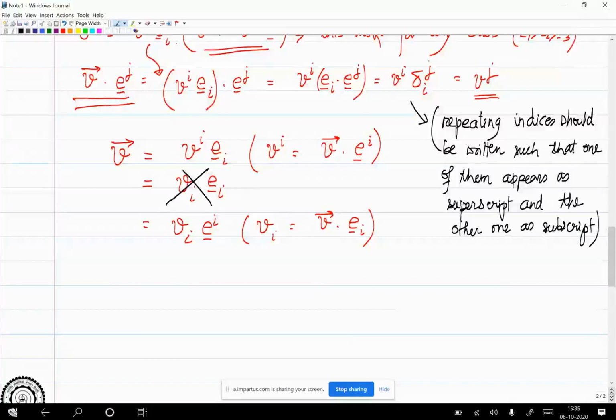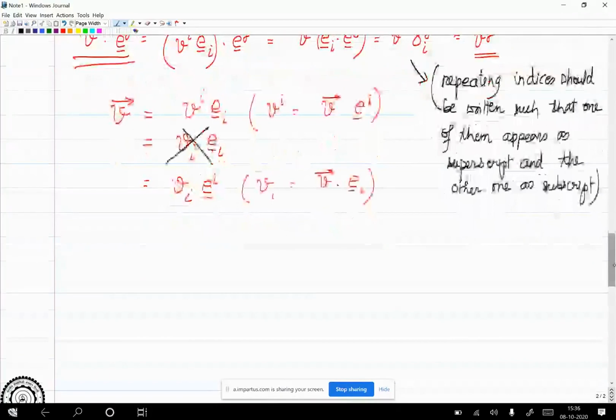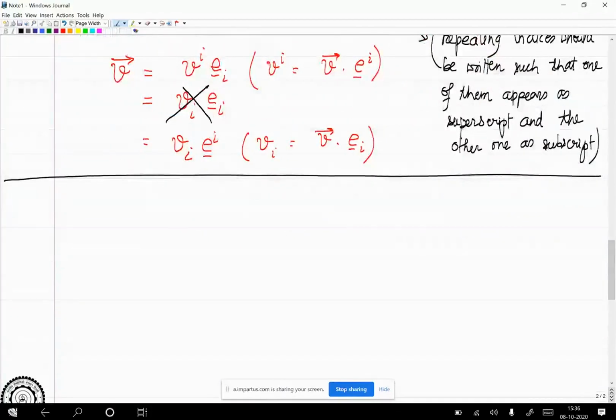Okay, coming back to constructing the second order tensor. Our original problem was that we know A into E sub I is equal to V sub I. So then what is A equal to? That is the question. Can you now think of what A will be equal to?